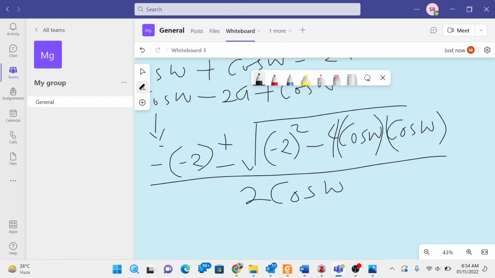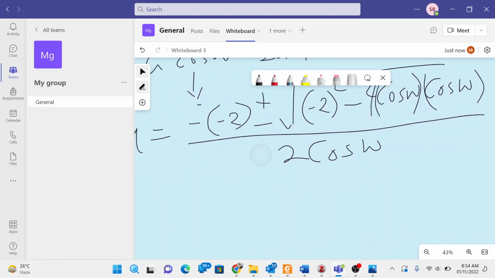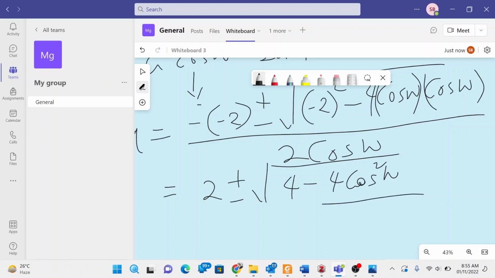So if we now solve this expression, we obtain the value of a. This is going to be 2 plus or minus the square root of 2 squared is 4, then minus 4 cos squared omega, all over 2 cos omega.